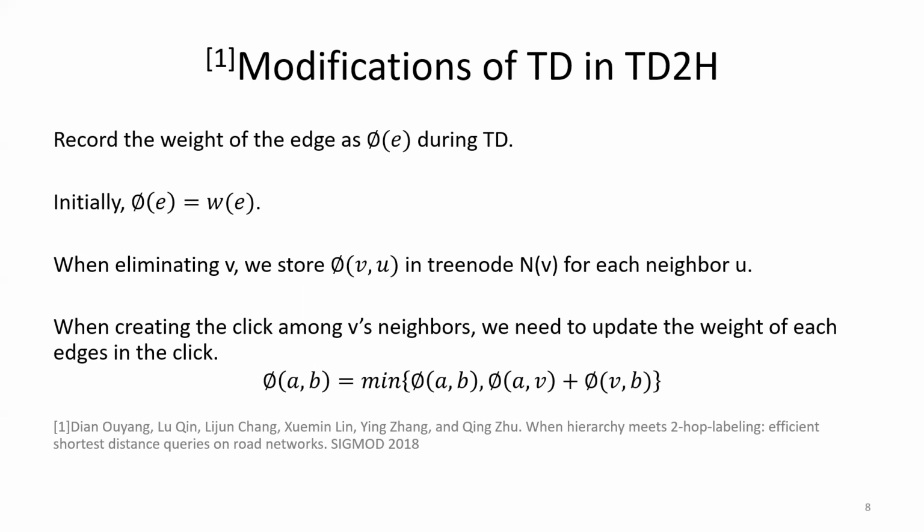In this paper, they do some modifications while doing the tree decomposition. They record the weight of the edge by phi-e during the tree decomposition. Initially, phi-e is the weight of the edge, but we need to update phi-e when e is created or when the elimination of a vertex may cause the change of its weight.